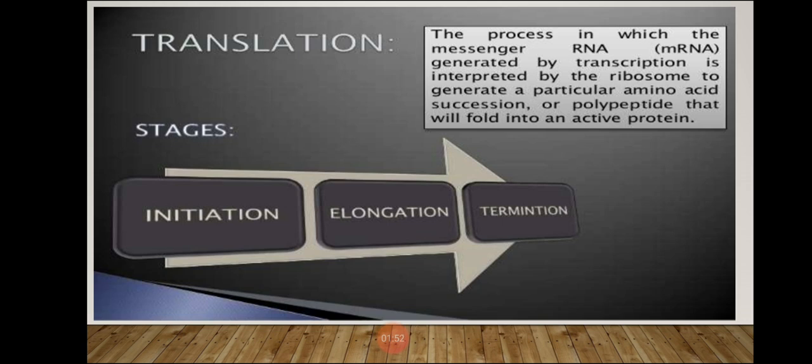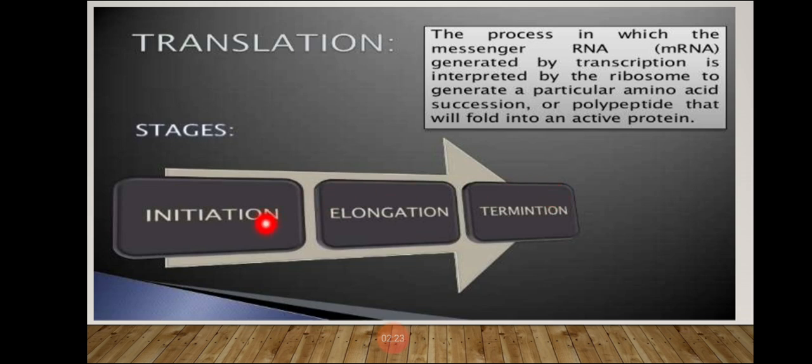We have studied the requirements in detail, that is amino acids, DNA, RNA, ribosomes, and the 3 sites of ribosomes: P site, A site, E site. Today we are going to study the mechanism of translation. There are 3 steps: initiation, elongation, termination. We are going to study all these steps one by one.